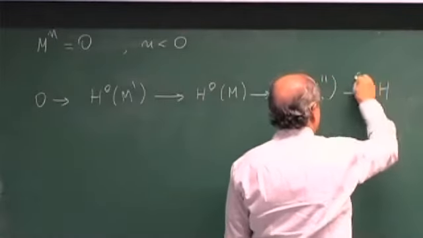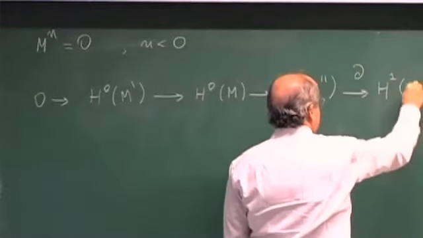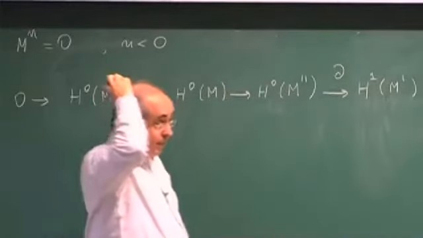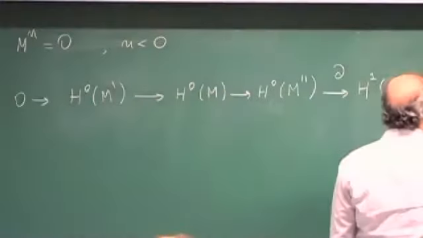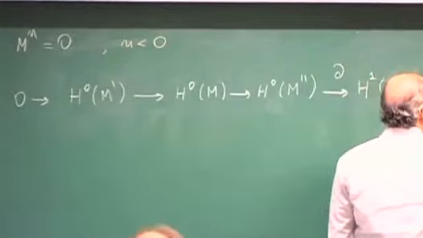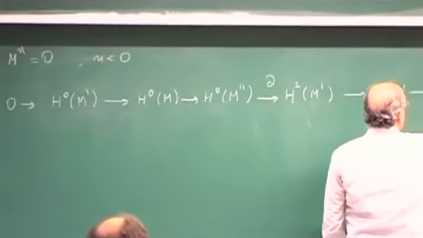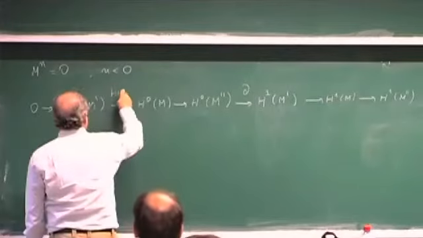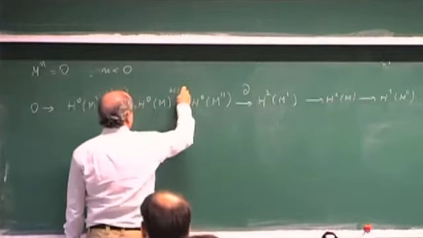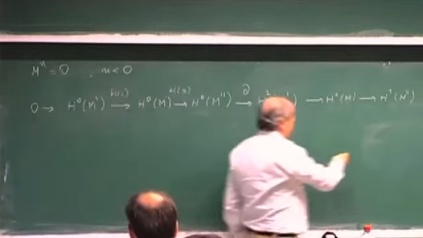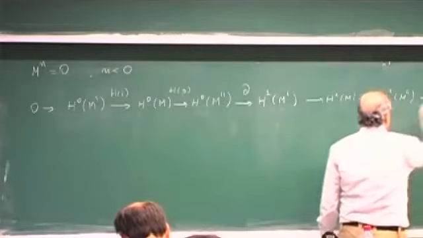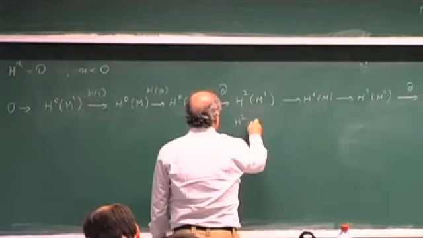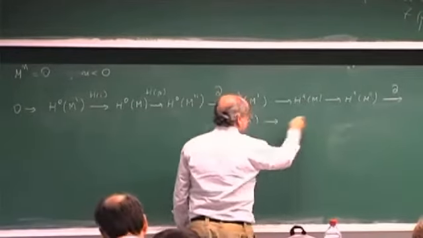And then we have the first connecting morphism going to H^1 of M prime. And then again we have H^1 of M and H^1 of M double prime. These maps are, of course, H of i and H of p. And then here again, we have a connecting morphism going to H^2 of M prime, etc.